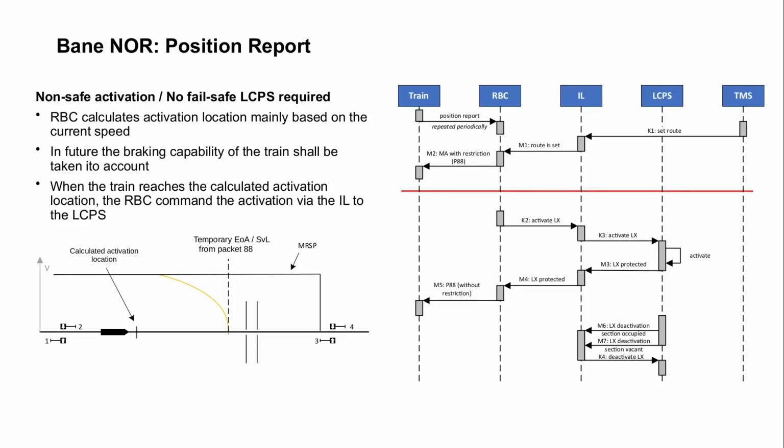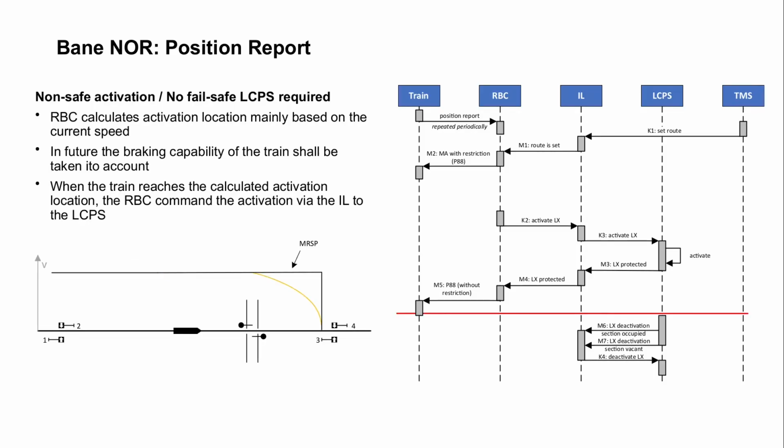When the RBC detects, based on the position reports of the train, that the train has reached the calculated activation location, it commands the activation of the LCPS to the interlocking. The interlocking forwards this to the LCPS, which activates, and when it has reached the protected state, it reports this to the interlocking. The interlocking forwards this to the RBC, and the RBC sends another packet 88 to remove the restriction.